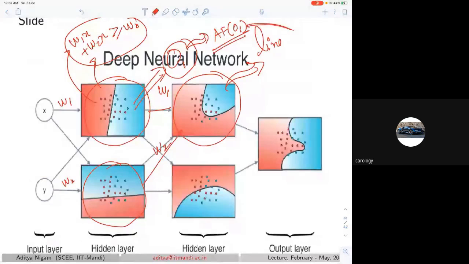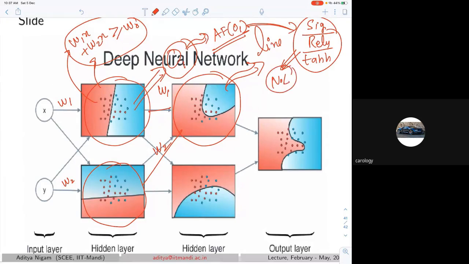It is like, say, sigmoid. It may be ReLU. It may be tanh. And these are actually non-linear functions. So this non-linearity is actually coming because of this. The neuron is actually a linear function, a simple aggregation, summation of wi xi. Is that clear? Yes, sir.